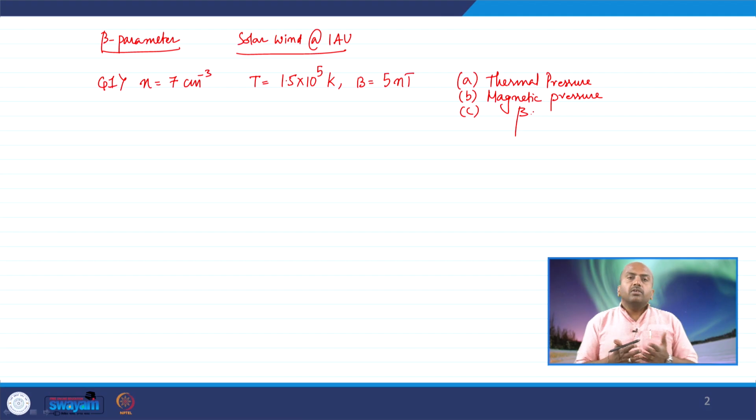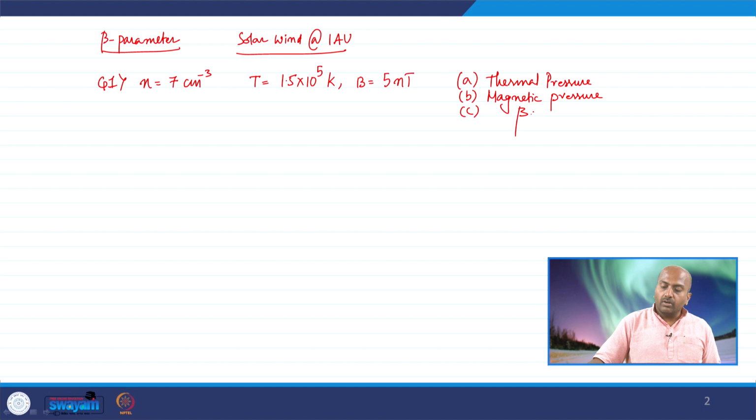The idea of thermal pressure is the force per unit area because of the collisions the particles will do on the walls. Let us say imagine a volume, and then if it is having some particles, the momentum transfer between the collisions gives the idea of pressure.